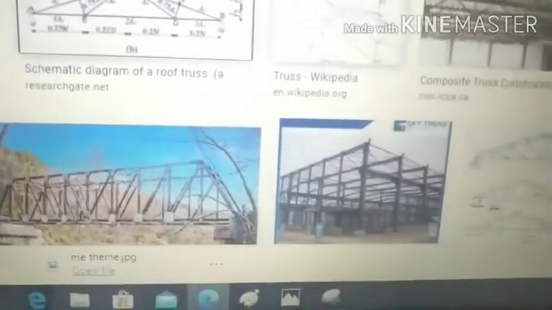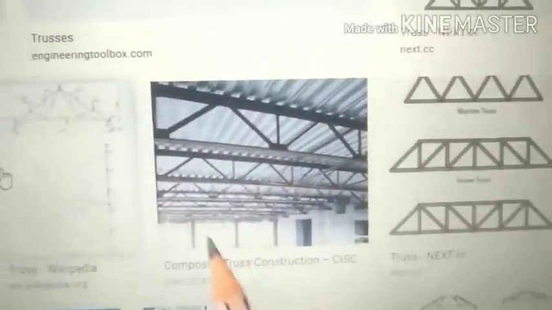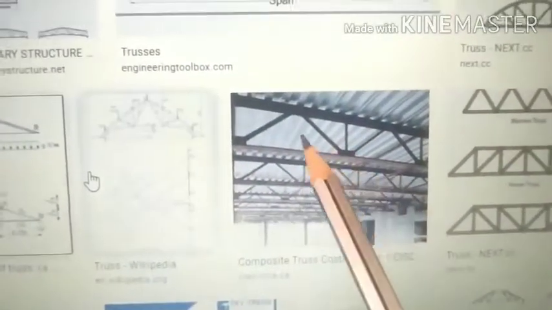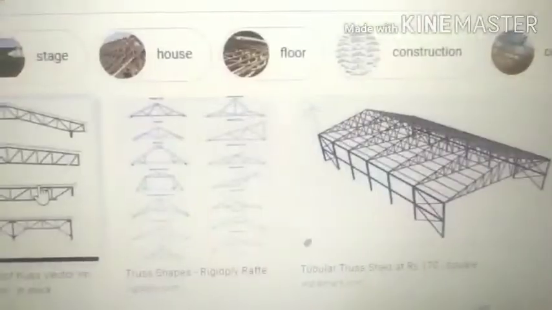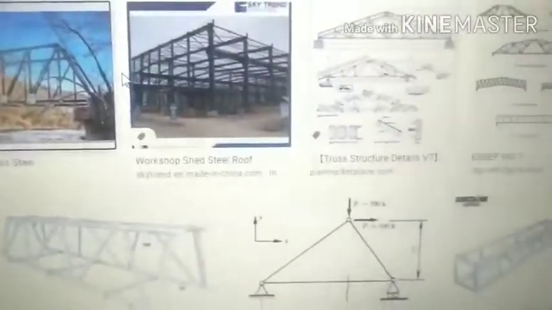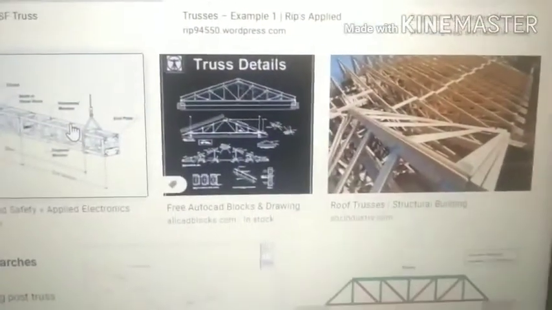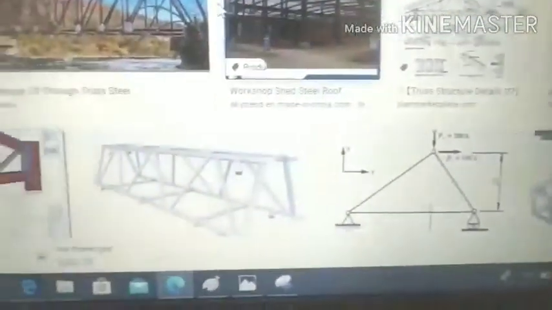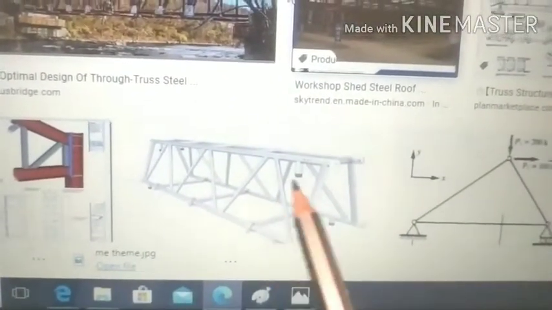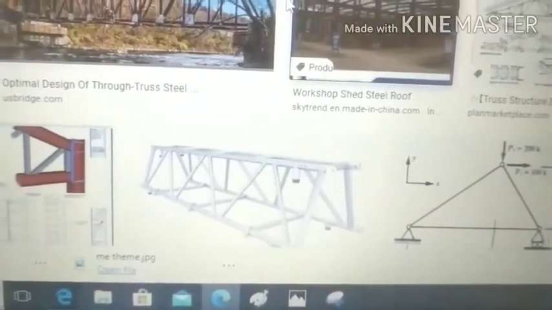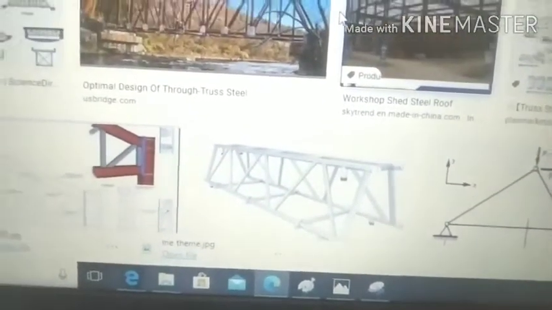Also you can see that there is a roof structure. In roofs they use this type of structure, that is called a truss. That's also a truss. And you can see it in mobile towers as well as in power lines. Mobile towers use a set of a number of links like this, and also in high tension poles they use this.